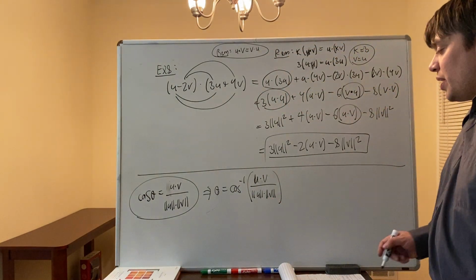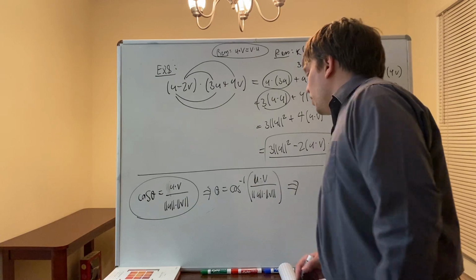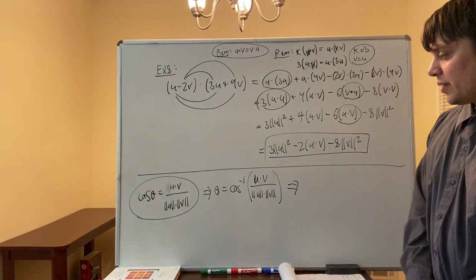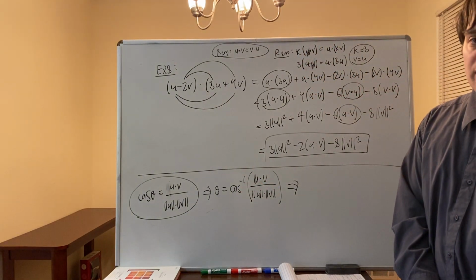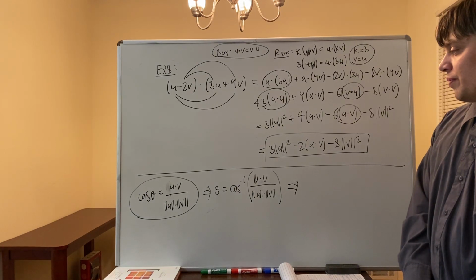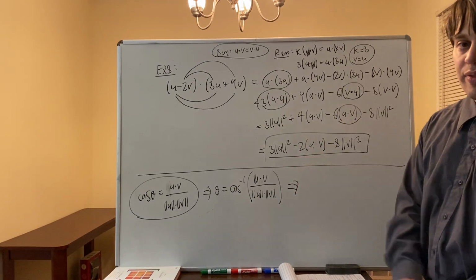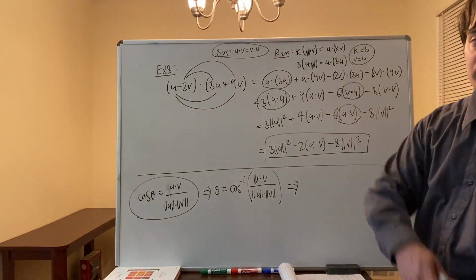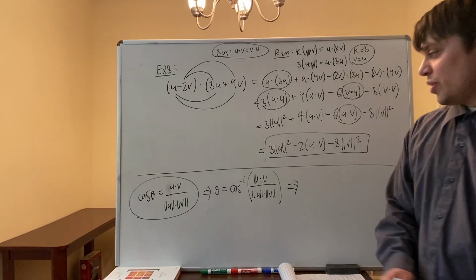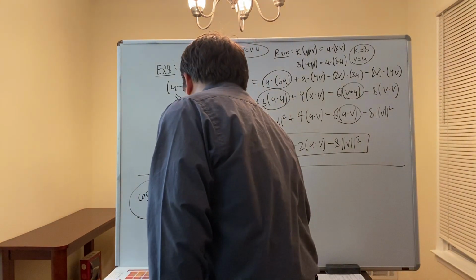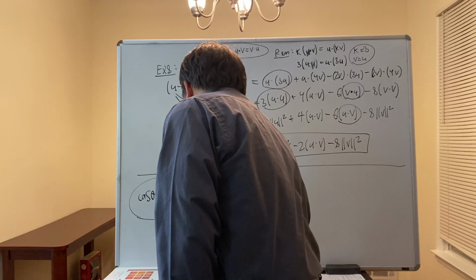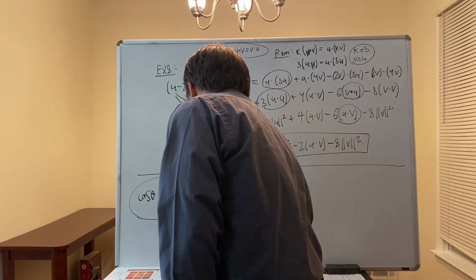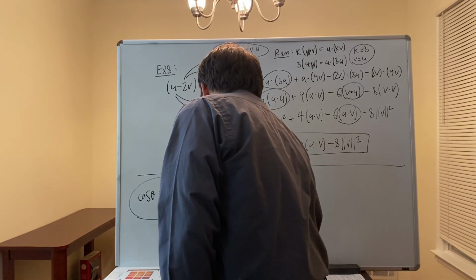Okay, and so what that implies then, well, you're taking the cosine inverse of something, right? And the cosine inverse is a map that takes the value of the function cosine and maps it to the angle that gives you that. So what I mean is, this is how inverse functions work. If you have an angle theta, cosine theta will map it to cosine theta.